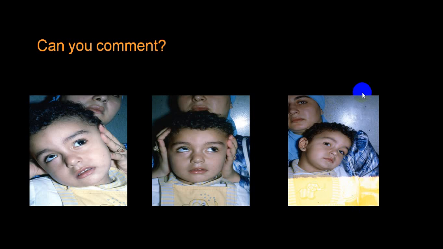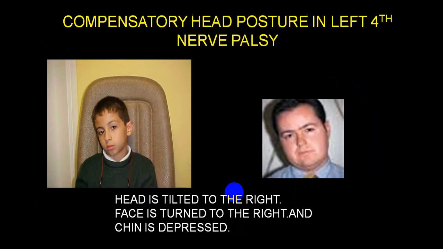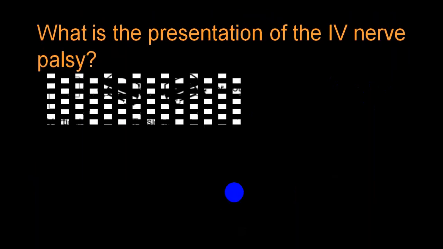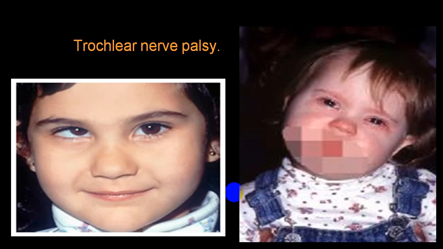To adjust that, the person will make head movements, and that will correct the axis. That is called torticollis. So the person acquires that typical position, which suggests trochlear palsy.